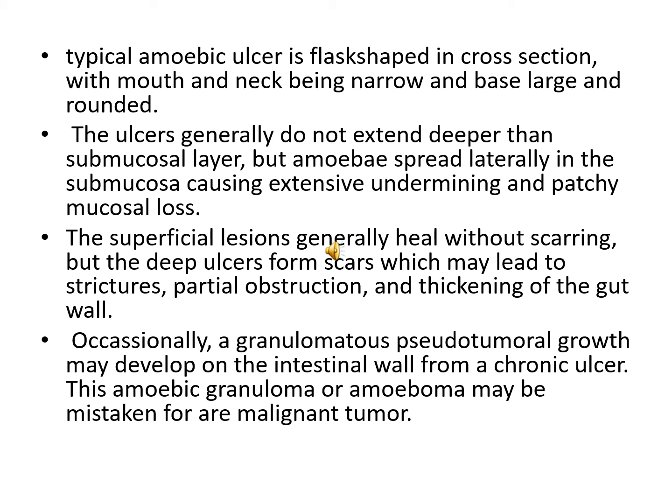Mostly the invasion doesn't go deeper. In rare cases it causes granulomatous pseudotumoral growth, which may be mistaken for a malignant tumor. So these are amoebic ulcers: nodule shaped, flask shaped, extending up to the submucous layer.